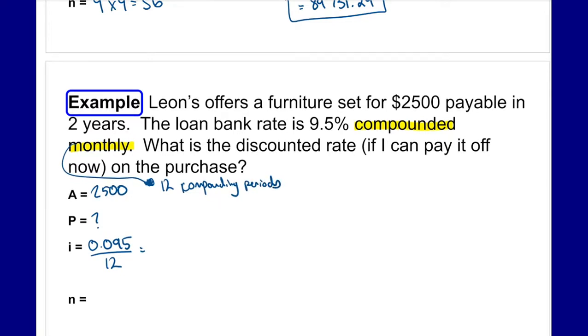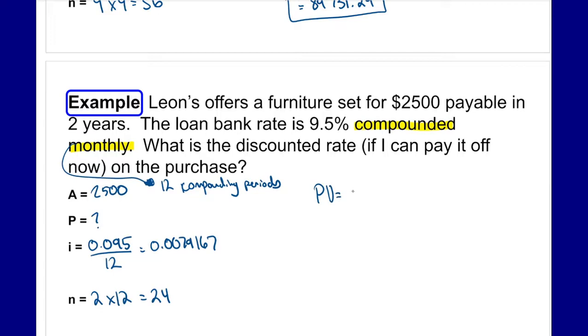So 0.095 divided by 12 is 0.0079167. And then it's 2 years times 12, so it gives us 24 total compounding periods over that time.